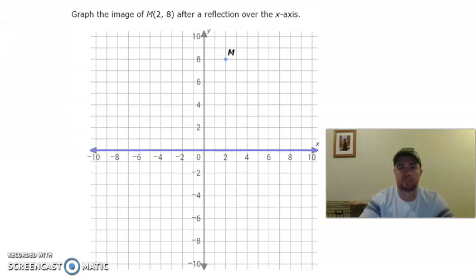This one says, graph the image of M, 2, 8, after a reflection over the x-axis. Now remember, the x-axis is the axis that goes across. So I'm going to reflect this over the x-axis. So I'm going to ask myself, how far away am I standing from the mirror?